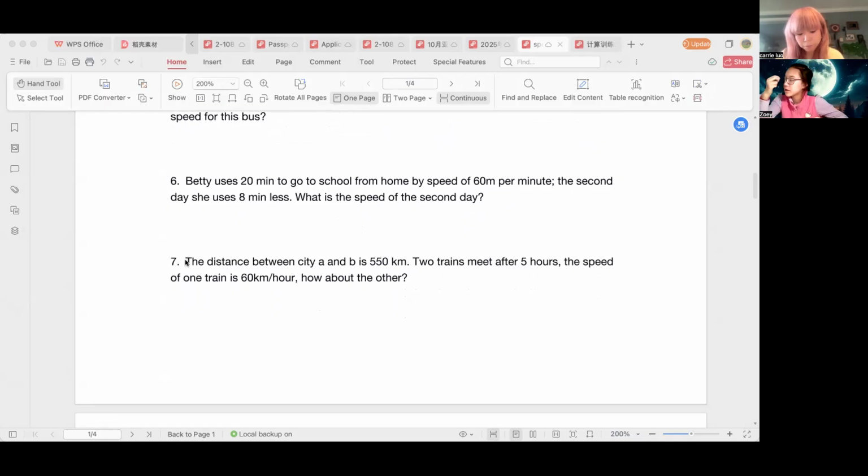The distance between city A and B is 550 kilometers. Two trains meet after 5 hours. The speed of one train is 60 kilometers per hour.